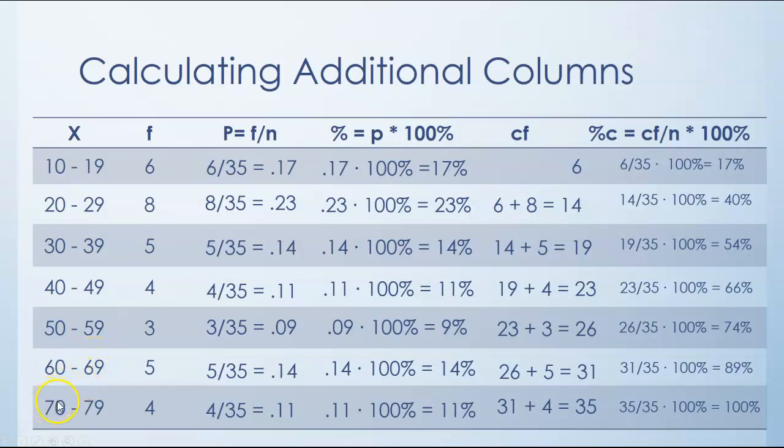I'm going to use the real limit between 69 and 70, which is the value halfway between 69 and 70, which would be 69.5. So 89% of my data falls below 69.5, and that is the 89th percentile.